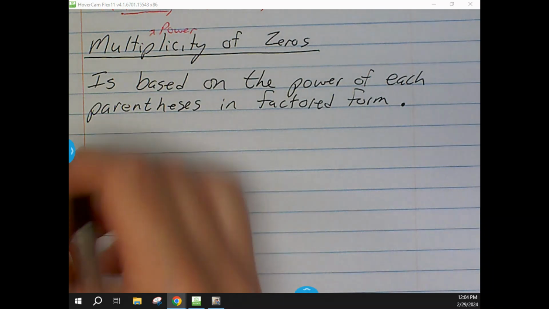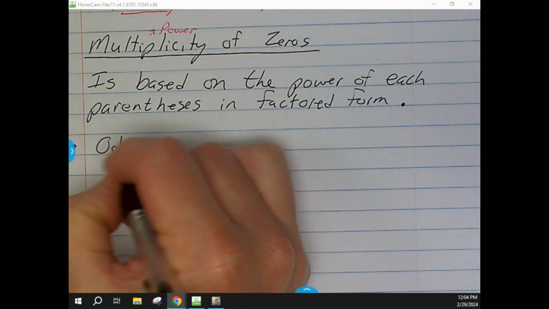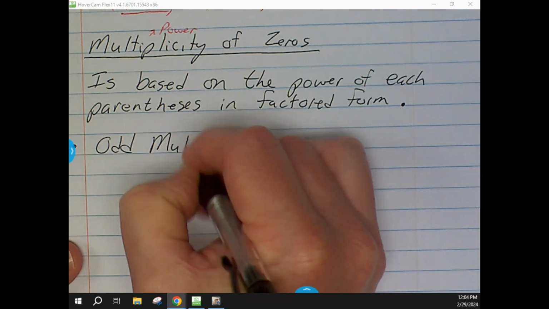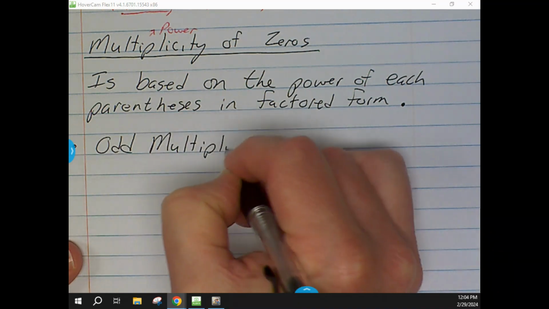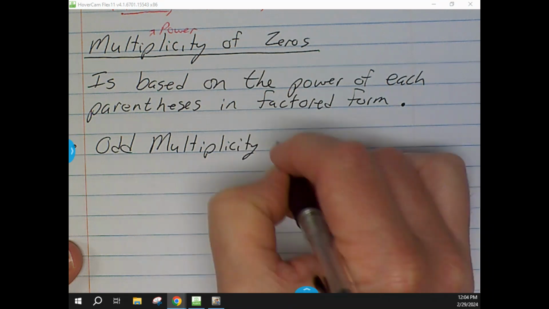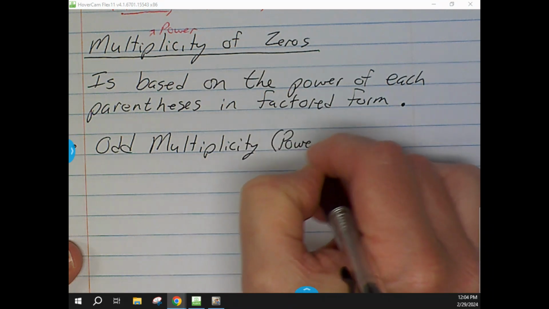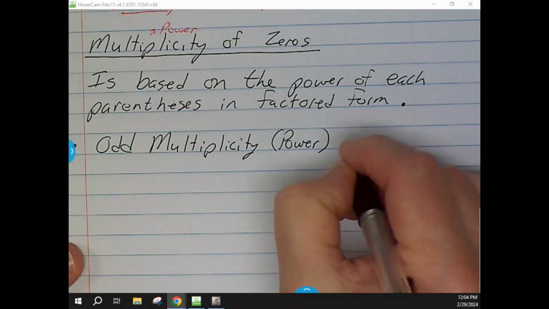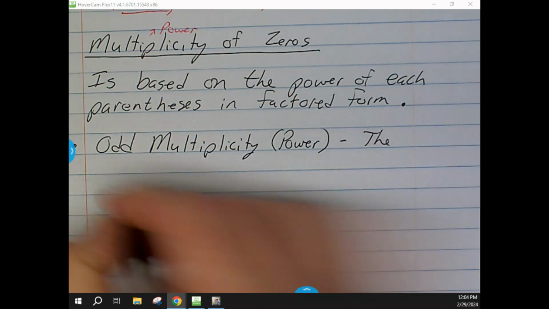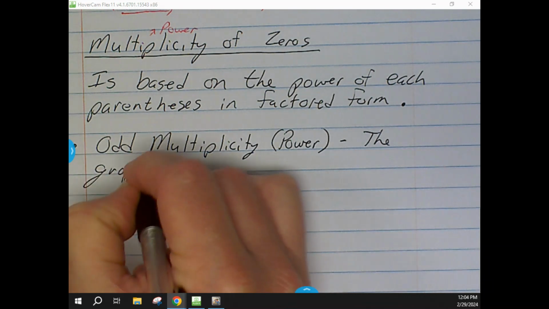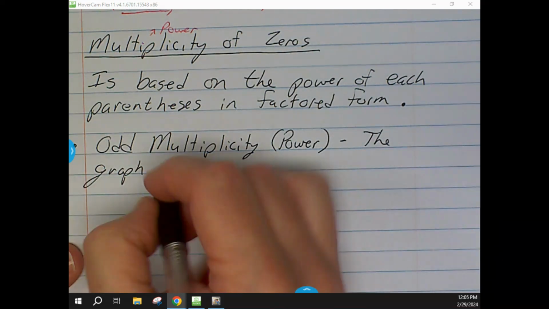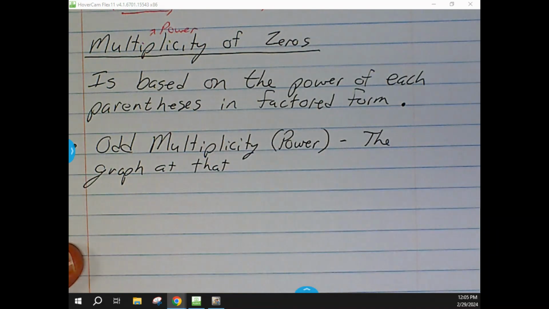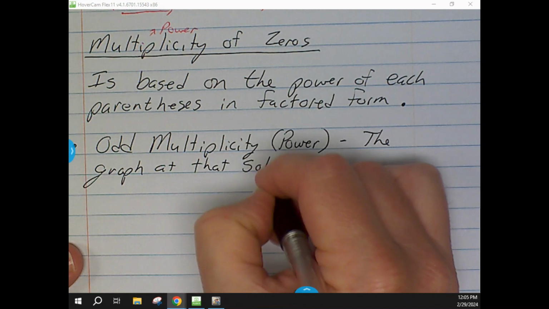And basically, here's what it is. There's two things we're looking for. Whenever you factor this, if it has an odd multiplicity, or again, if it has an odd power, the graph at that root or at that solution.